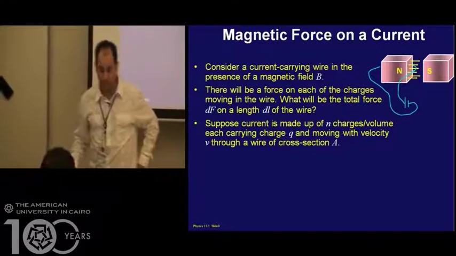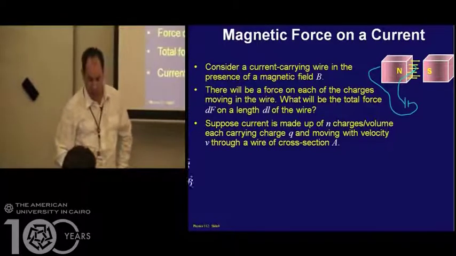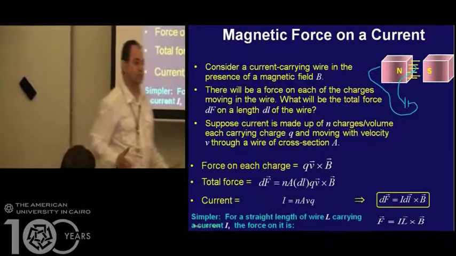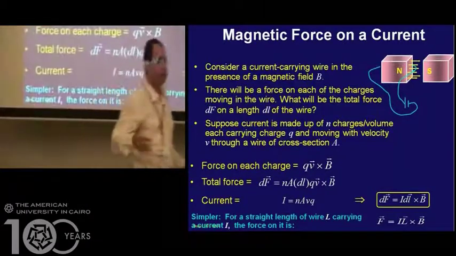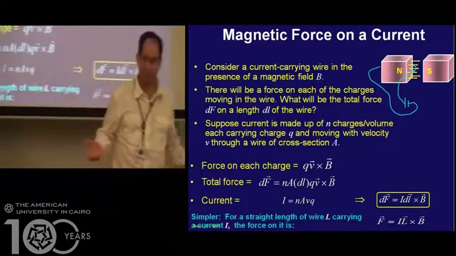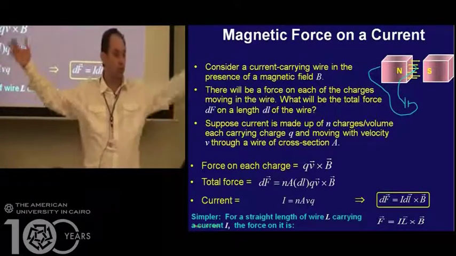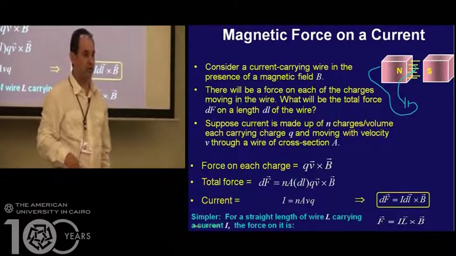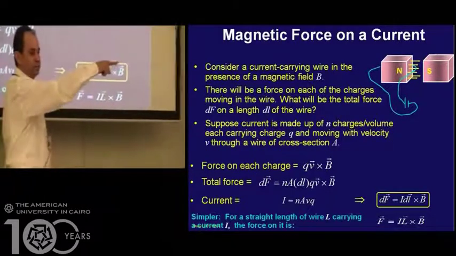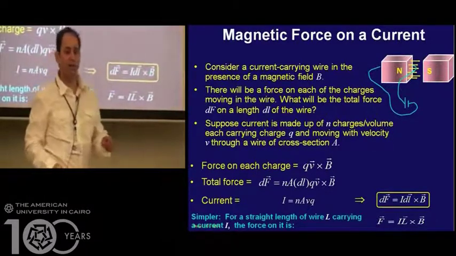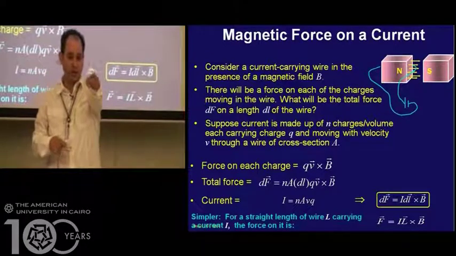We say that a wire that carries a current is nothing but a flow of charges. So if you have a wire, a magnet with two poles, the magnetic field is in that direction, and the current in the wire is flowing in that direction.